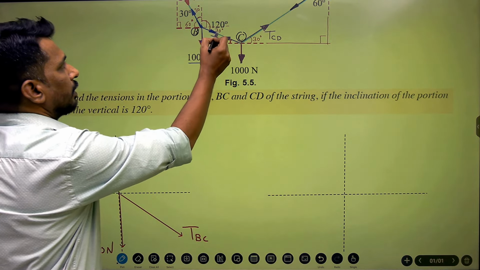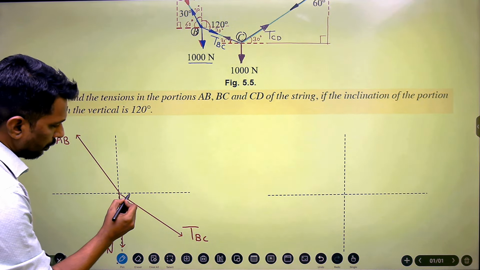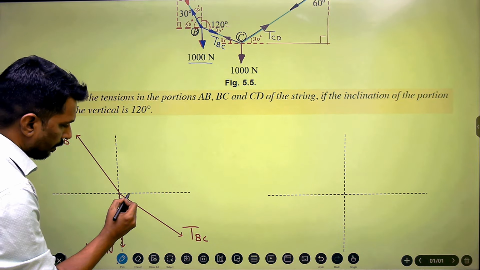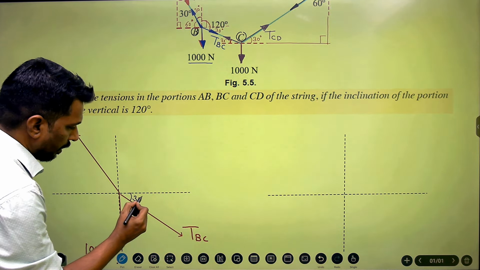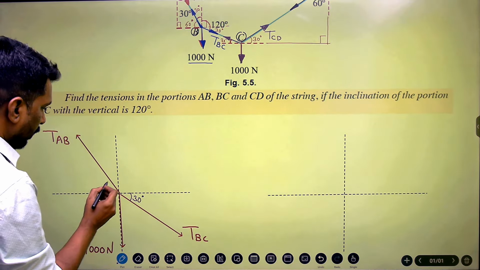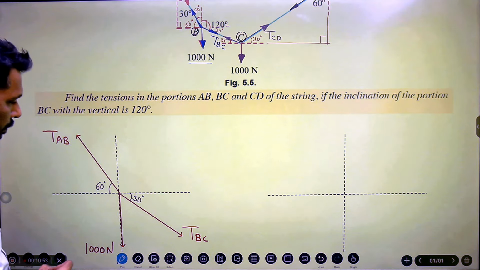So TBC is 30 degree with the horizontal, or okay, fine, we'll discuss this later on while completing the total angle. Okay. Then this is 60 degree with the horizontal.